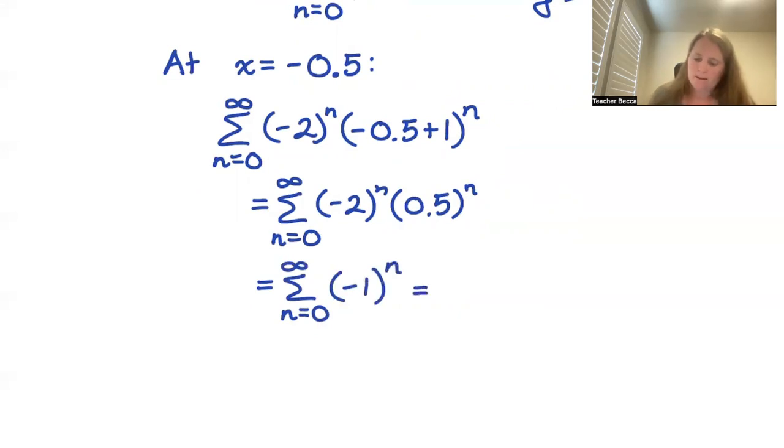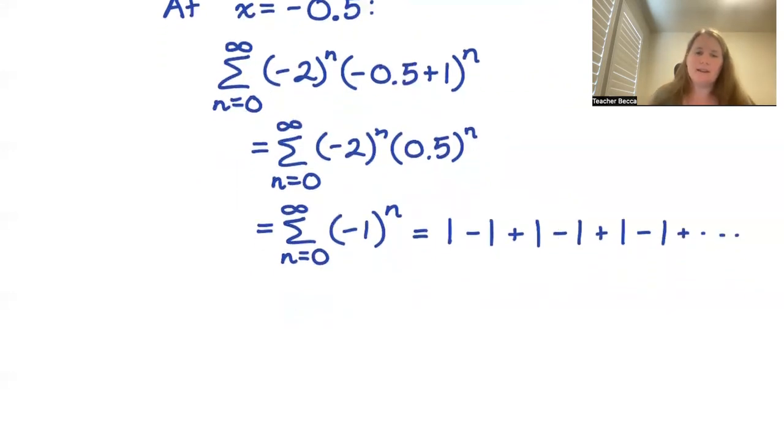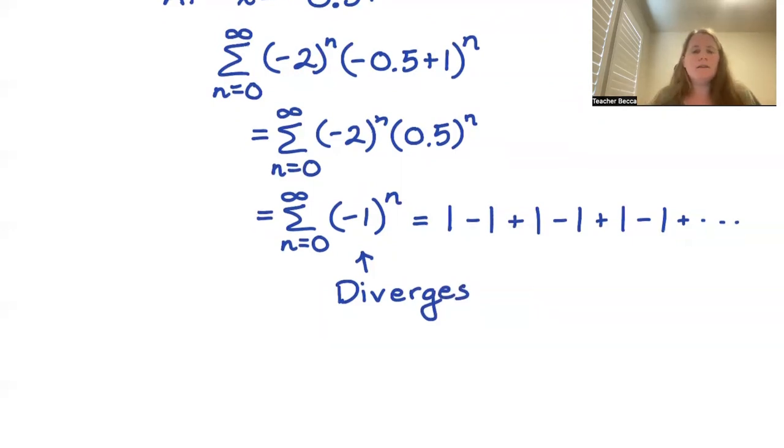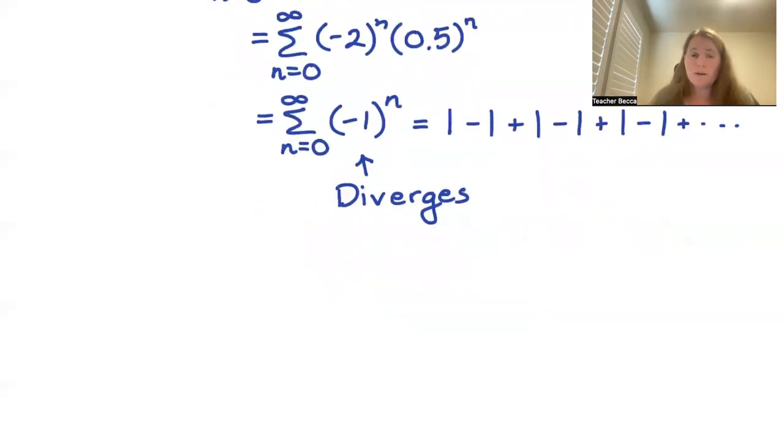So this will be 1 minus 1 plus 1 minus 1 plus 1 minus 1 plus, this never settles, this diverges. And so we can definitively say that the series only converges on that open interval in this case.